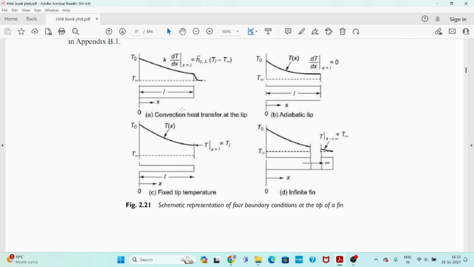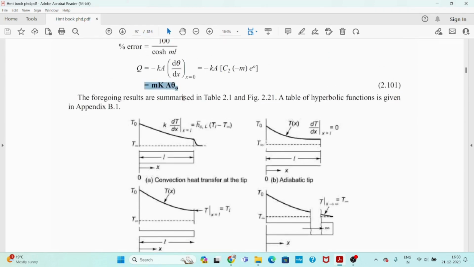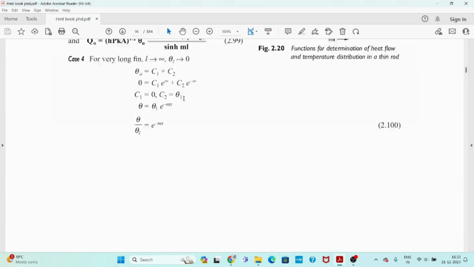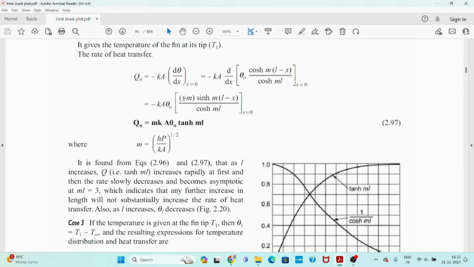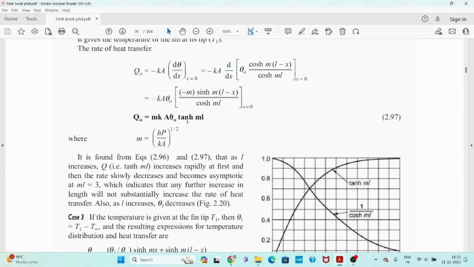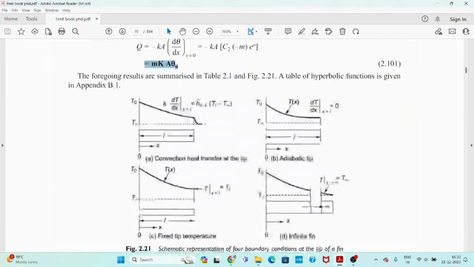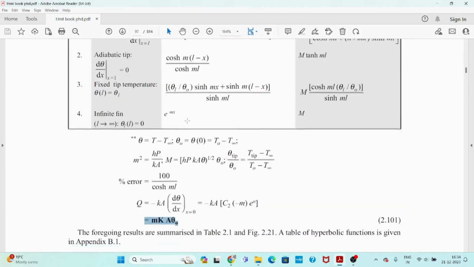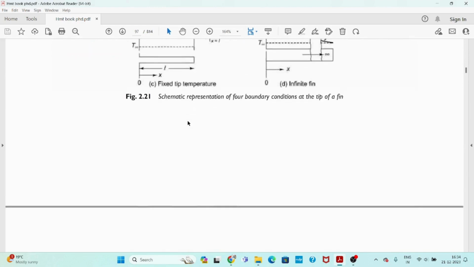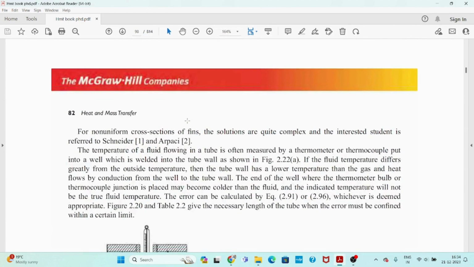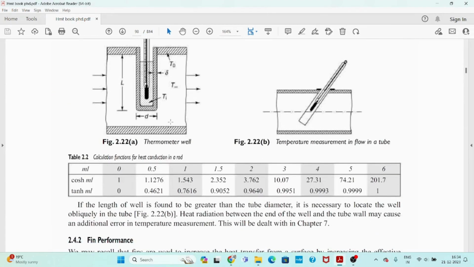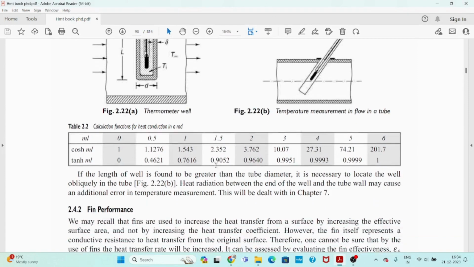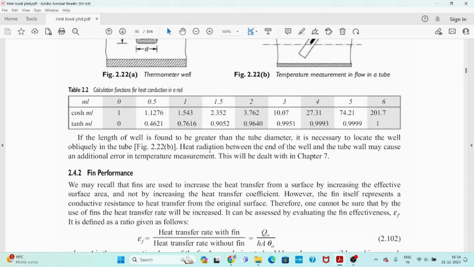Okay. This is for the infinite fin, and this is for the insulated tip. Okay. Right. So both cases are important. Please remember both cases, these two are basic things. If you can remember them, you can solve those questions.